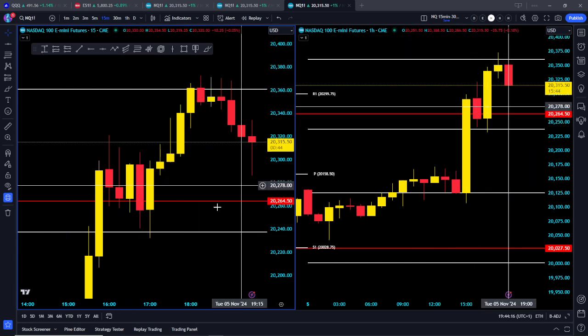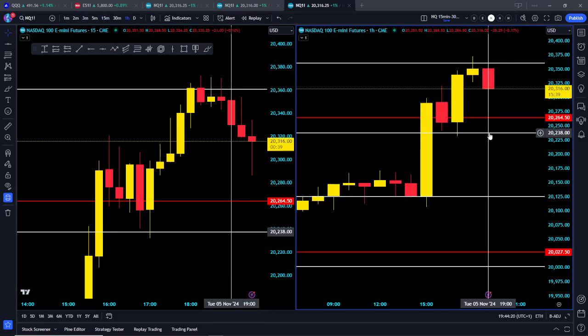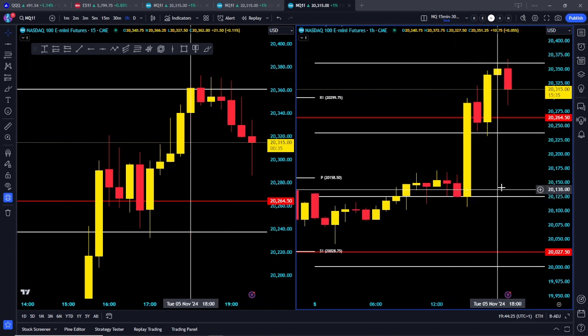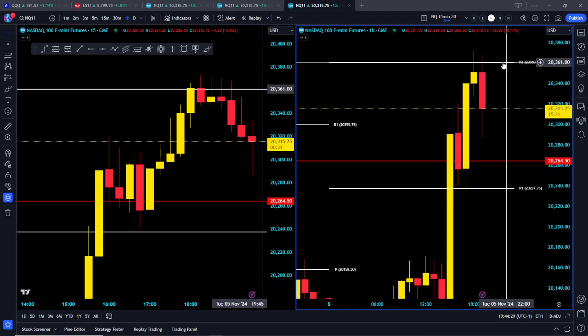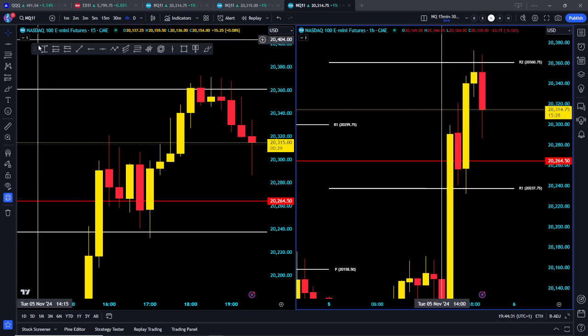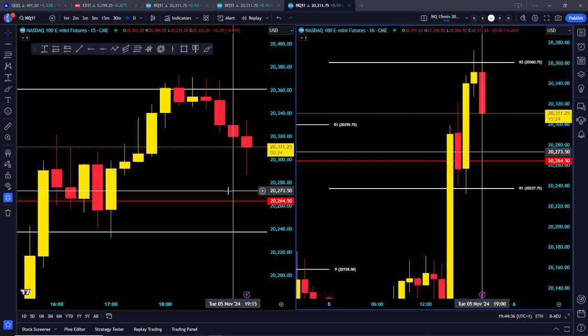And guess what happened? We got exactly what we wanted, right on the dot. The price came back, tested the 240s, and continued higher, literally to the next pivot, up there at 361s. So from this pivot, we ripped another 123 points.